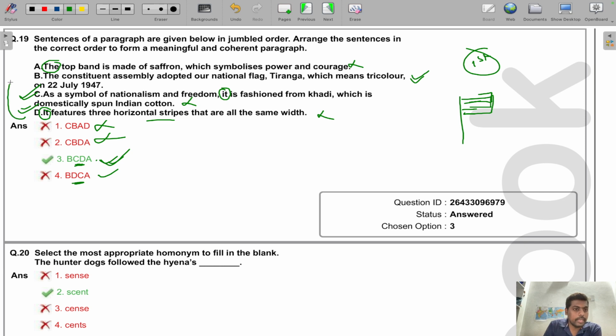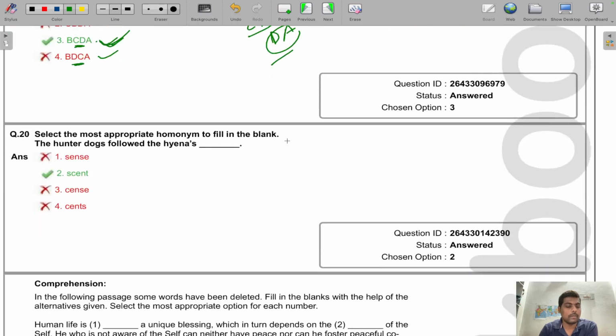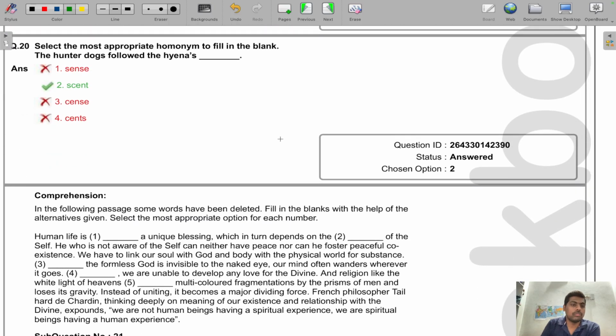Or else you can say D and A are a pair, because it contains horizontal stripes and then the top band is maintained, symbolizing power and courage. You can find either CD or DA as a pair and directly mark the answer. Now let us go to the next question, guys.